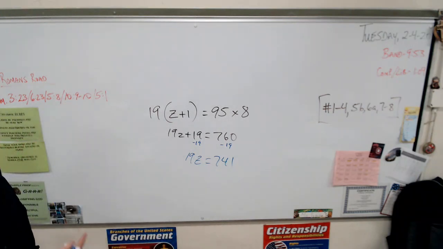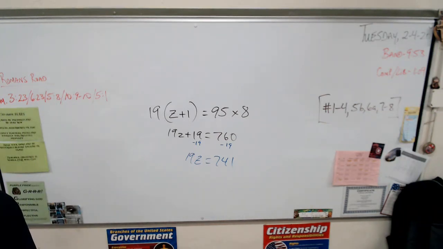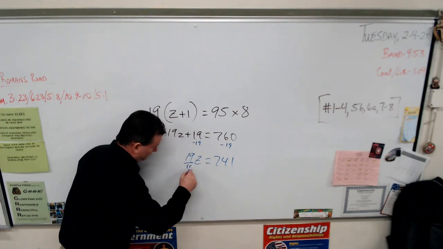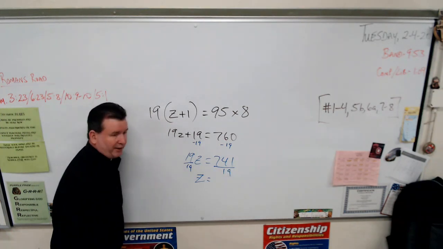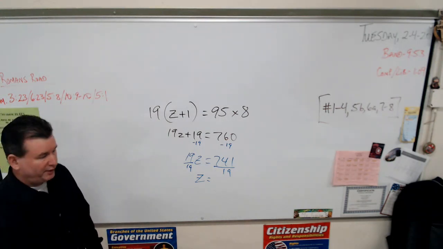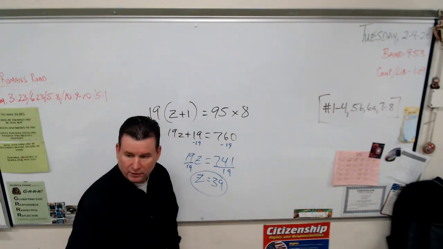How do I get rid of the 19 now? It's attached to the z, not through addition, but through multiplication. How do you undo multiplication? And the answer is 39. David?